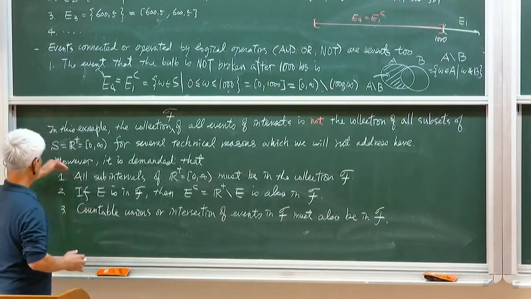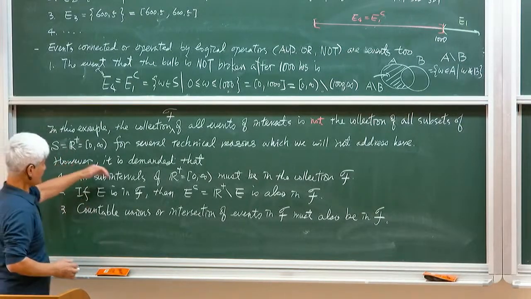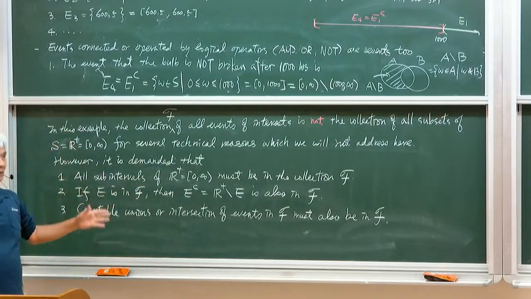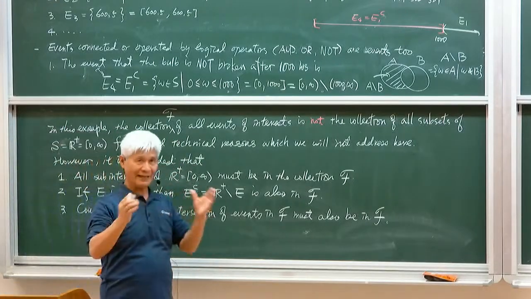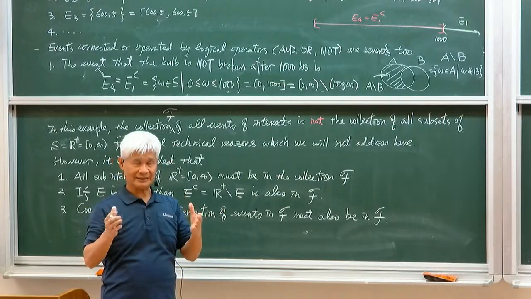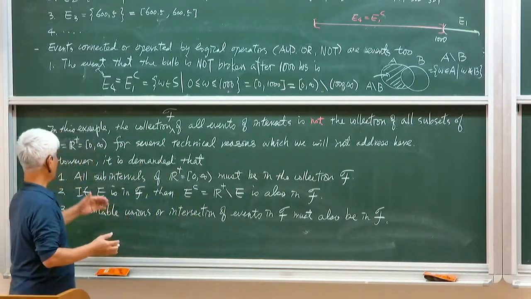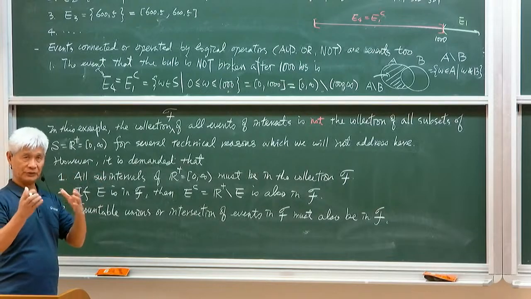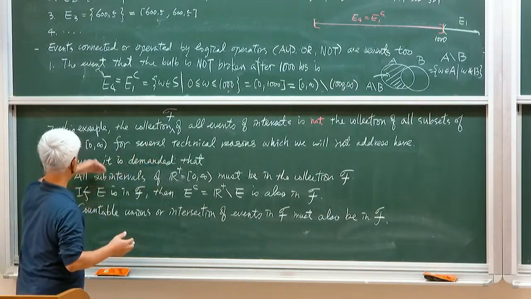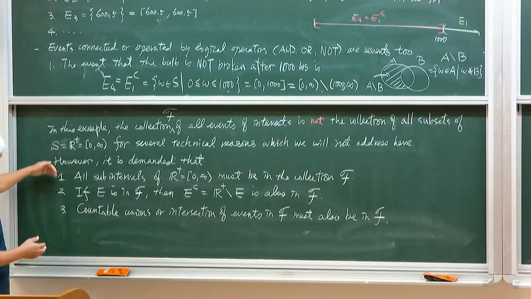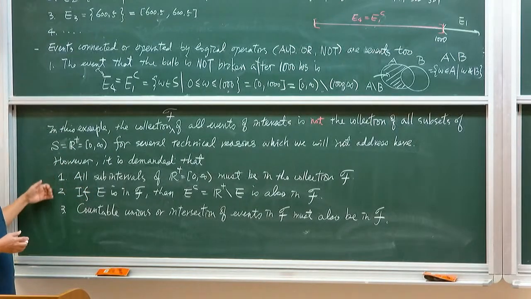So whenever we want to establish F as the collection of events of interest for these running experiments, this collection F should satisfy these three points here.